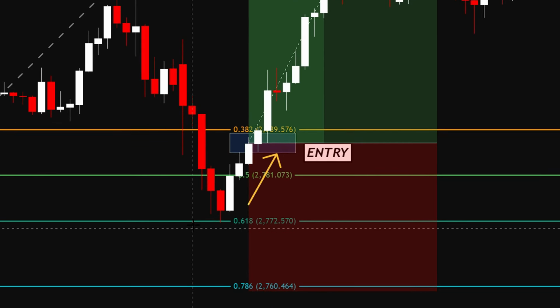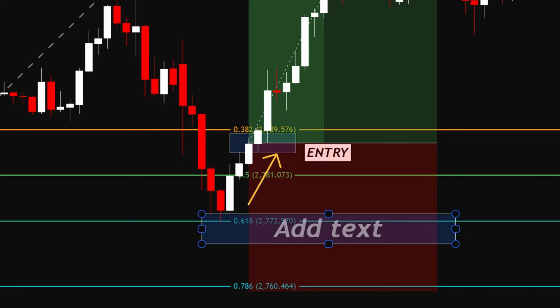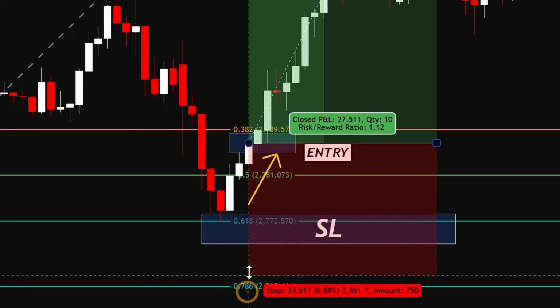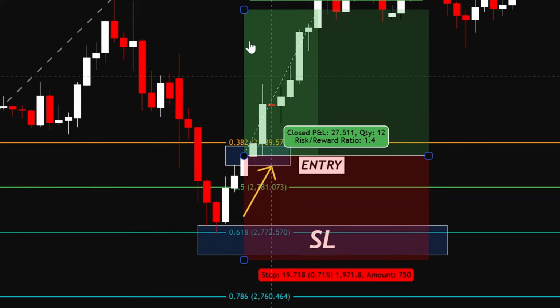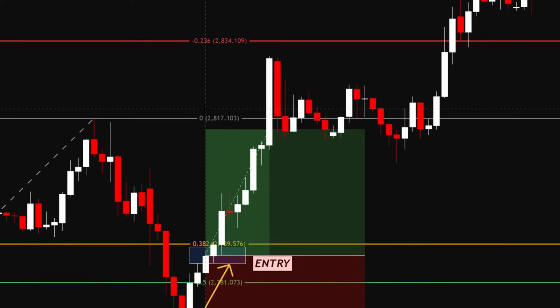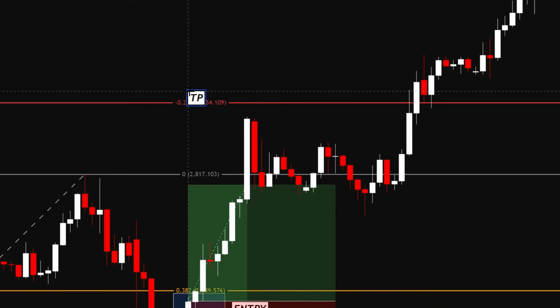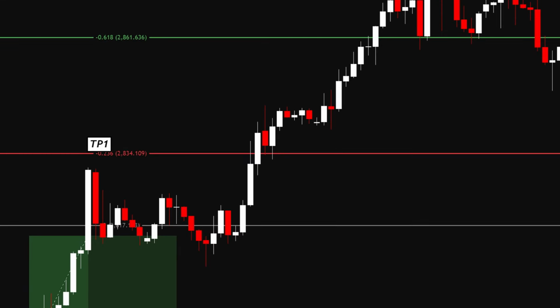Stop loss just below the swing low. Target the minus 23.6% extension. That's a structured, logical play, no hype, no guessing.